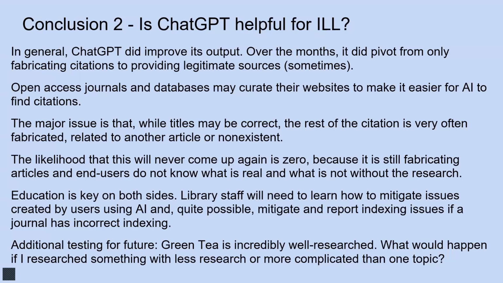The major issue is that while titles can be real, often the information within it is fake. The formatting can be bad, the links can be wrong. You still have to check every single aspect of it, which kind of defeats the purpose of just using a citation machine or writing it yourself.